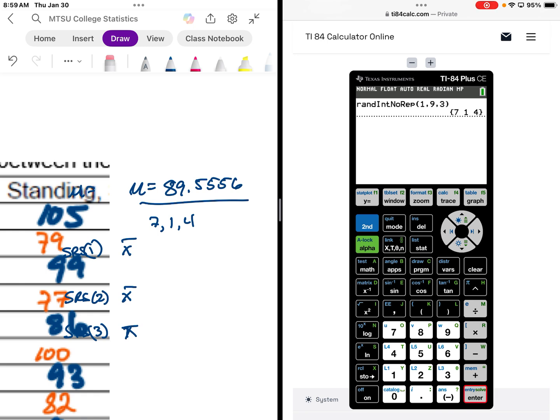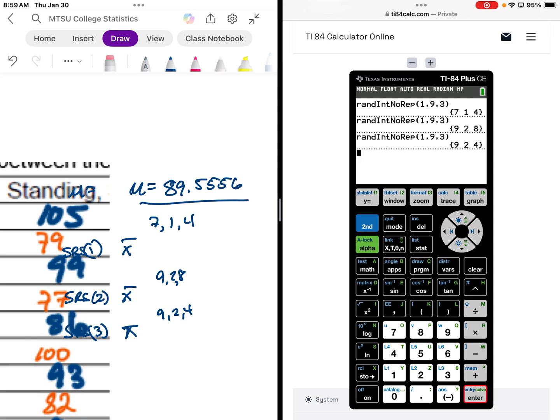I'm going to do it again to get the next 2 sets as well. Second enter puts that last thing on the screen, and I get 9, 2, and 8. Then second enter again, get the last sample, enter, and I get 9, 2, and 4. All right, so those randomly got used twice.